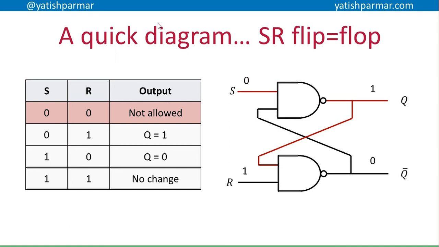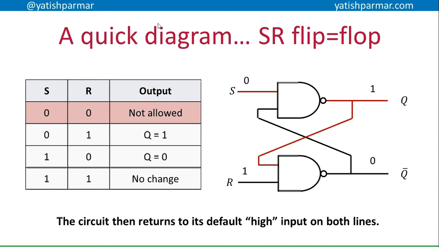The 1 from Q feeding into the bottom logic gate, a 1 from R and a 0 from Q going into the bottom NAND gives us an output of 0 at Q bar. Once that pulse has happened, the circuit returns to its default high input on both lines. So that 1 and 0 from Q and Q bar respectively are just going to keep going round and round, and the SR is going to maintain its state at an output of 1 at Q.